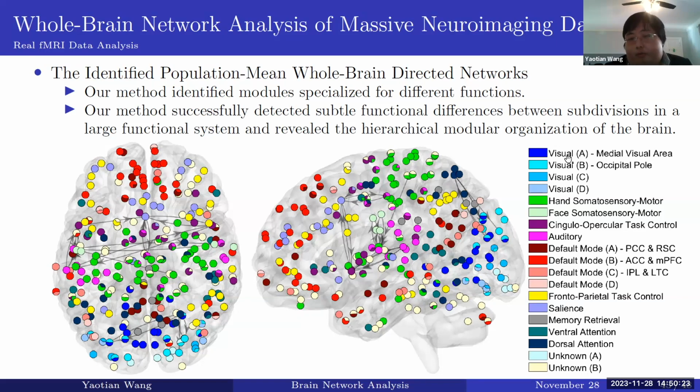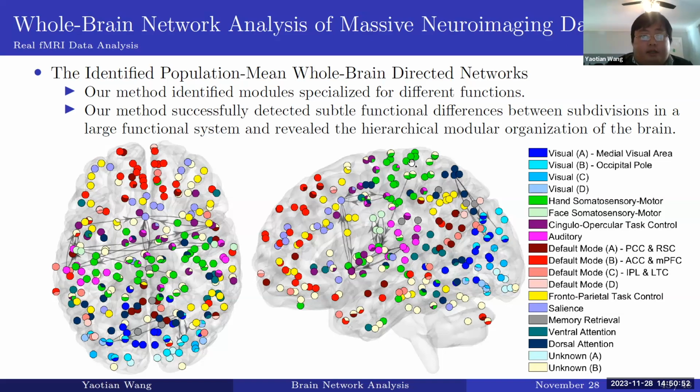For example, the visual system, the default mode system. And we found that our smaller modules are consistent with the existing subdivisions of the functional systems. So this indicates that our method can successfully detect the subtle functional differences between these subdivisions and reveal the hierarchical modular organization of the brain.